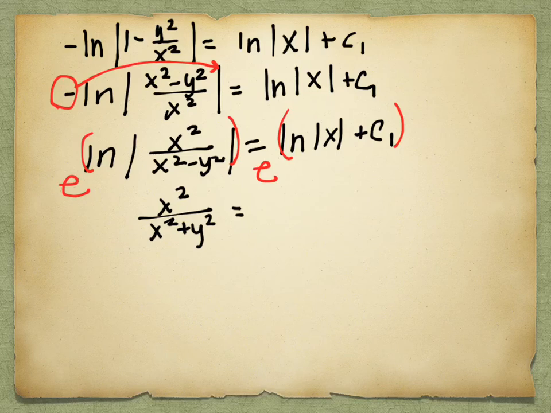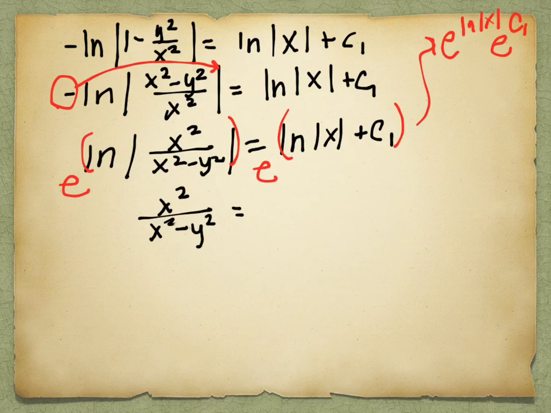On the right-hand side, remember what this does is this actually applies, because this is addition, it's equivalent to this saying e to the ln of x, e to the c1. Remember that from last time? Yes. It is negative, you're right. Thank you.